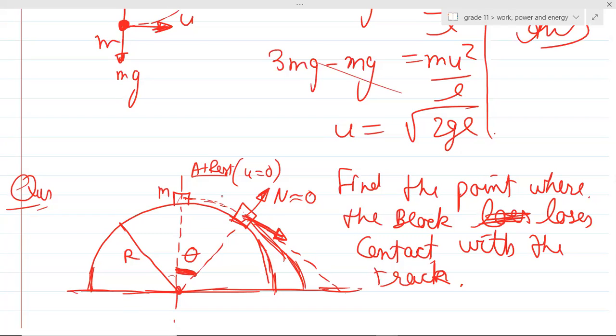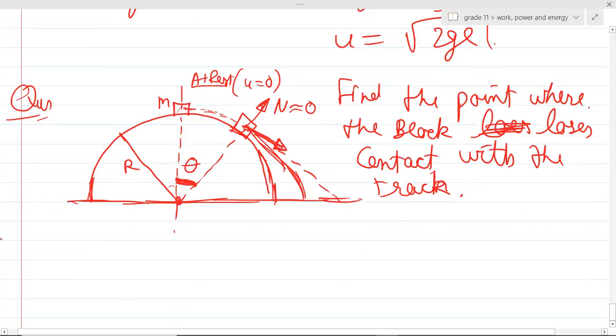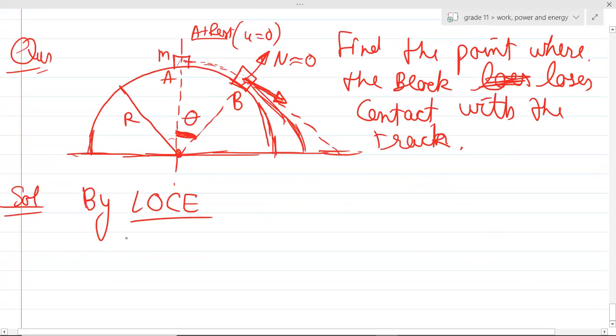You need to apply the work energy theorem, and also the law of conservation of energy. Let's say this point is A and this point is B. Can anyone tell me what is the initial kinetic energy? 0.